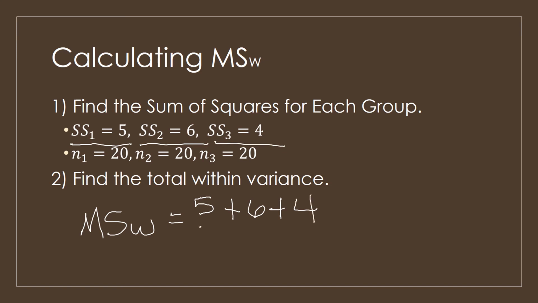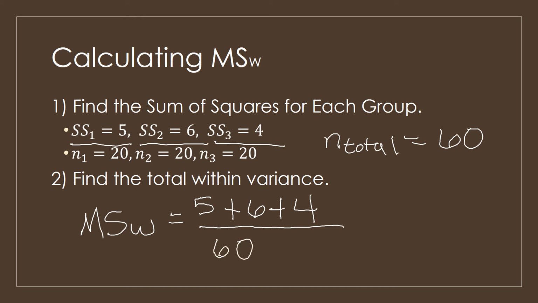And then we're going to divide it by the degrees of freedom. And so our total N, as you can see, we add 20 plus 20 plus 20 is 60. So we're going to put 60.